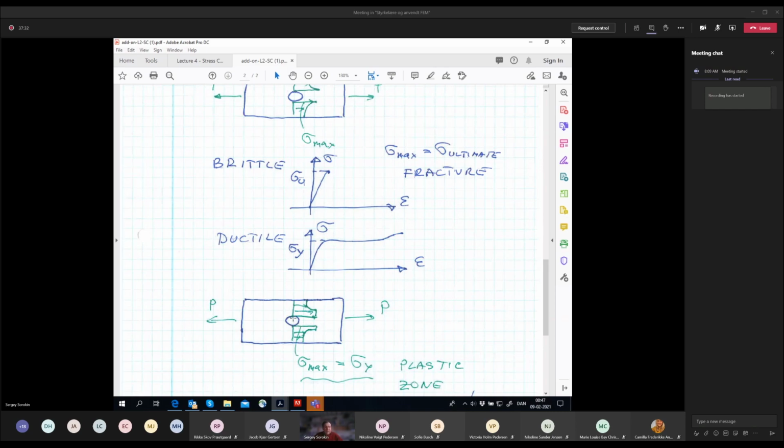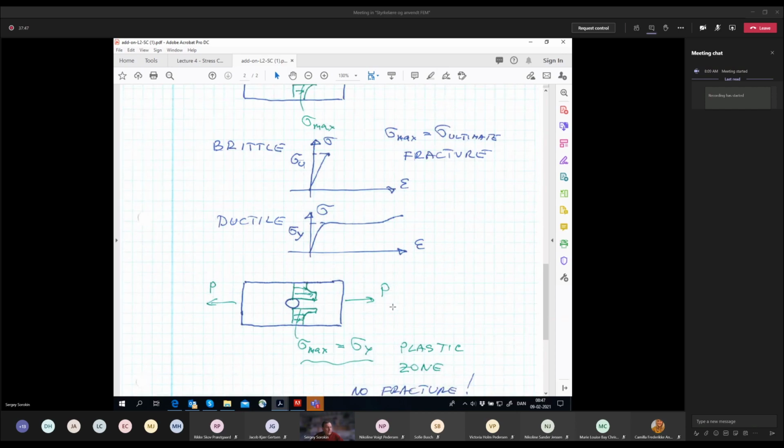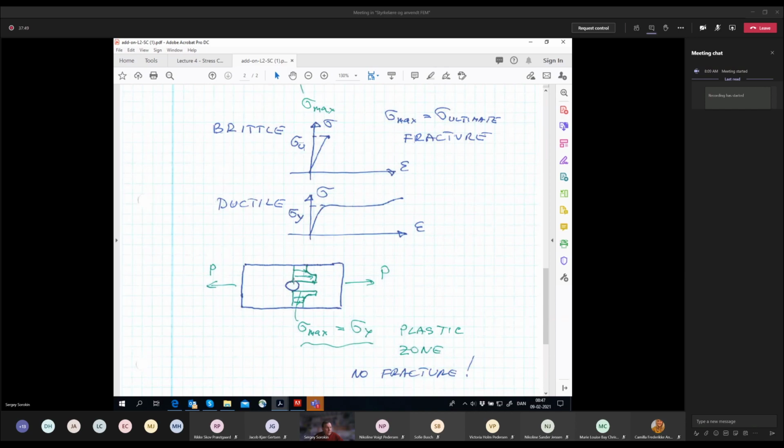So we have the transition of the material from the linear, elastic performance to the yield. This plastic zone develops in the vicinity of this point and this point. And there is no fracture, because the material has this huge possibility to deform without having any crack.